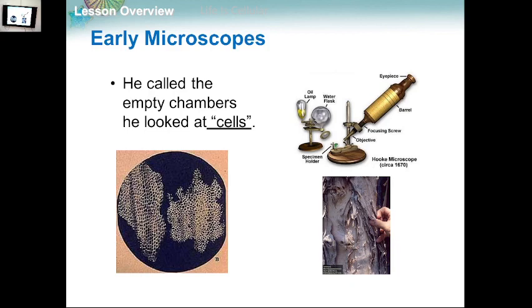So the first scientist who called the tiny things found in the plant a cell is Hooke. He looked at the cork under the small microscope that he created, called the Hooke microscope.